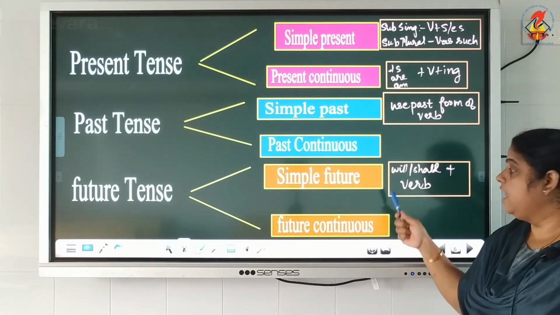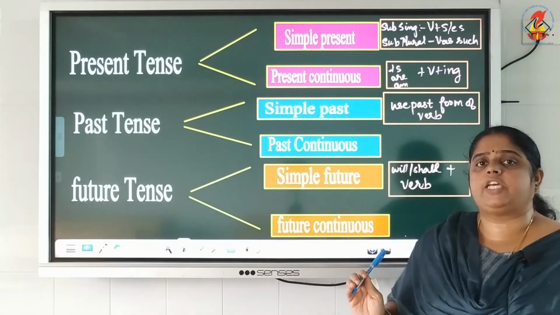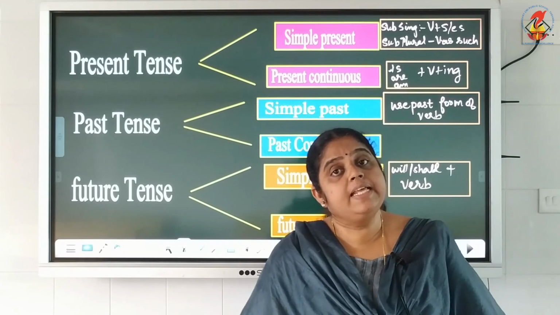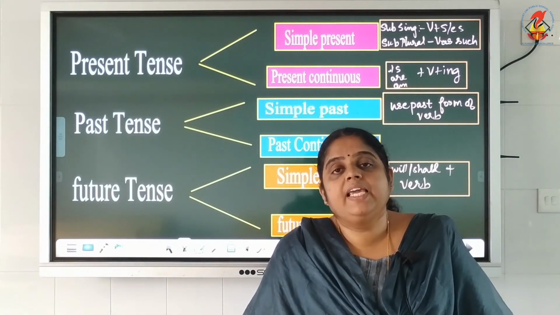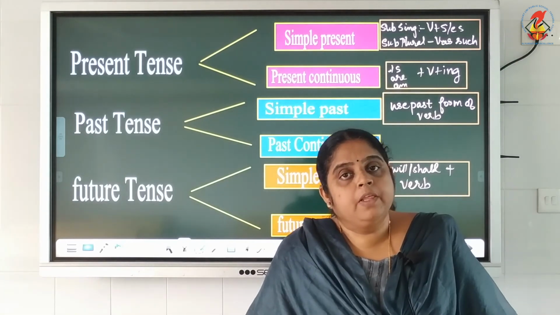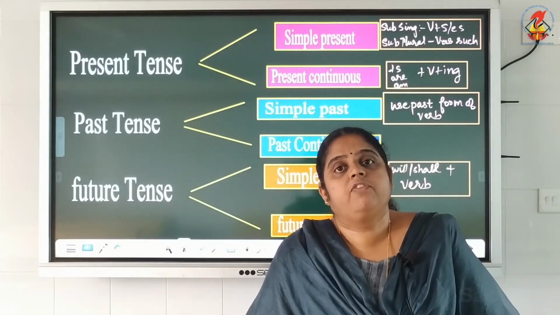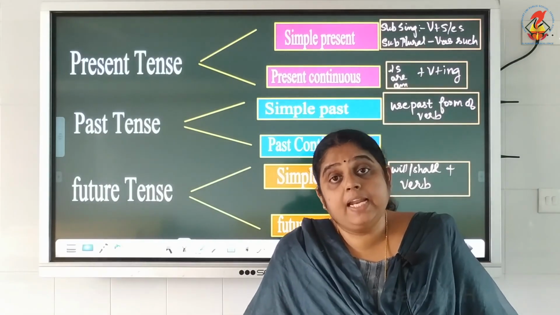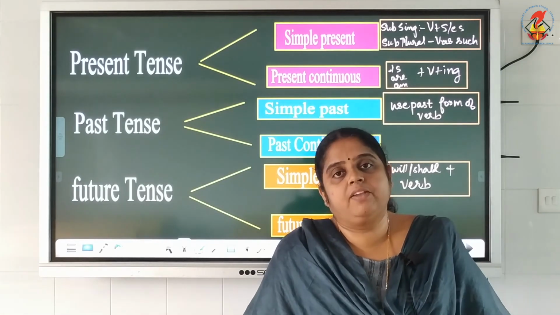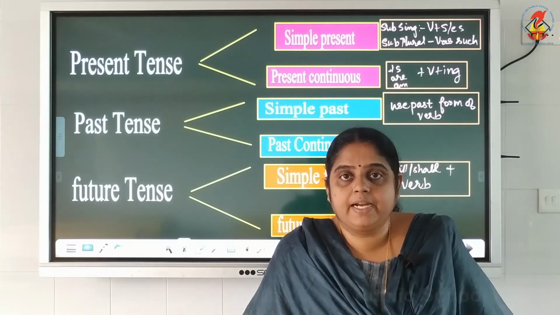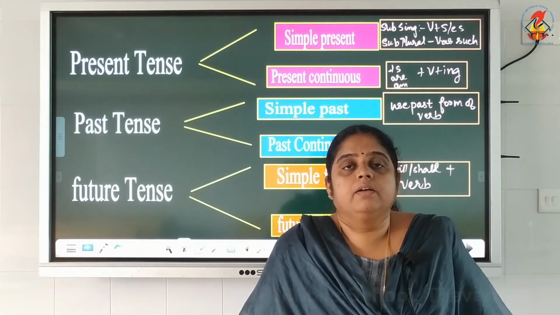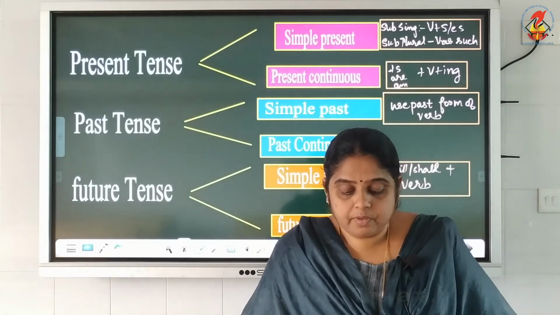Will is used with all the subjects, whereas shall is used only with I. When the subject is I, we use shall. Will can be used with I also, but shall is used only with I. I hope it's clear to you. The format also, please study this. Okay, thank you.